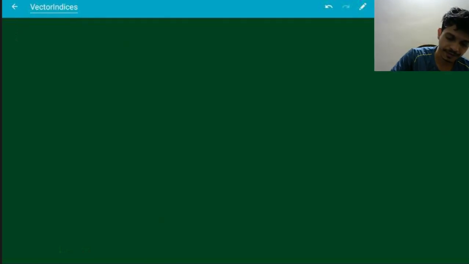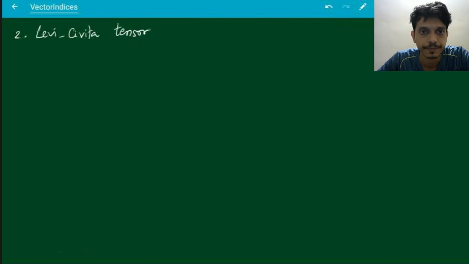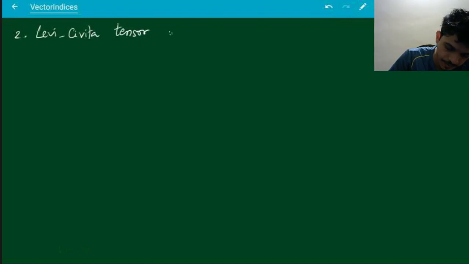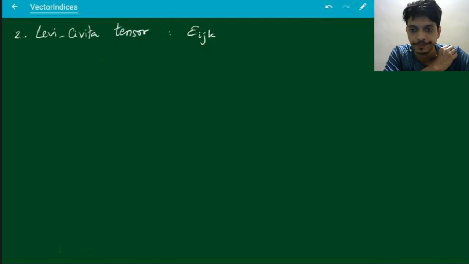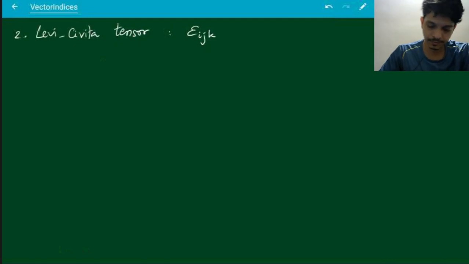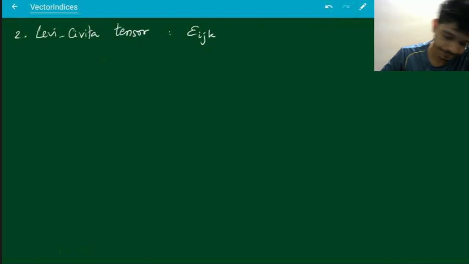My second friend that I want to introduce you to is called the Levi-Civita tensor. This is represented as epsilon ijk. This has three indices, i, j and k. How do you define it? Again, i, j, k can take values 1, 2, 3.